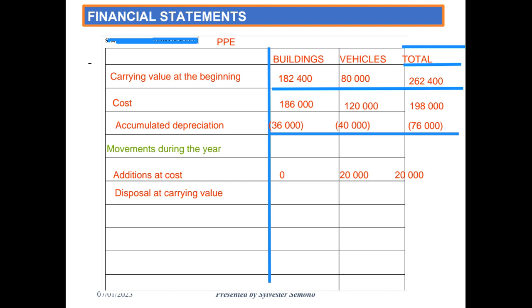How much was for the building? 3,720. I'll put it in brackets. What about the vehicles? Here we're going to add the depreciation on the 2 vehicles. 17,333.